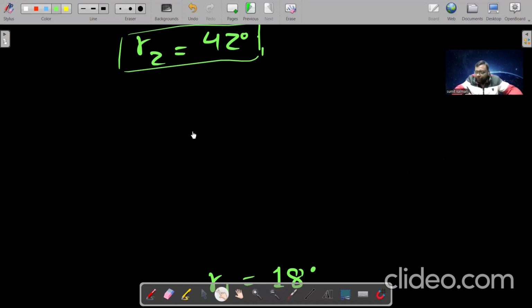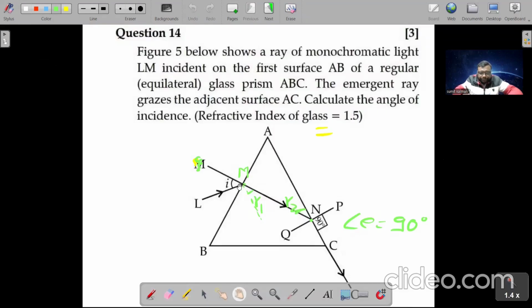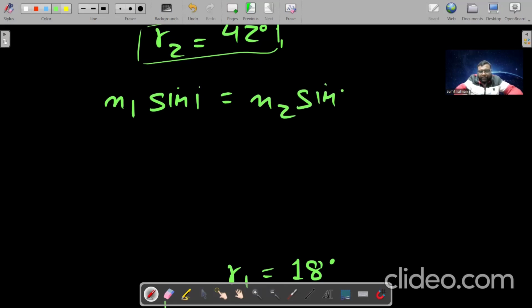Students, now we will apply Snell's law at point M, as you can see in the figure. So here Snell's law is n1 into sine of angle of incidence, which is equal to n2 into sine of angle of refraction.